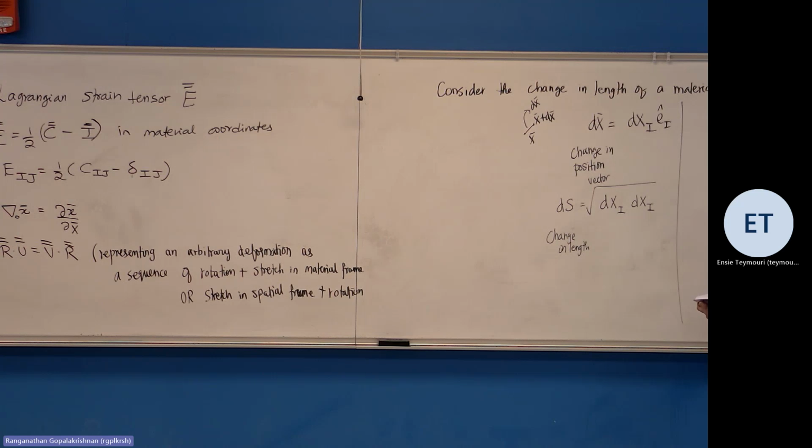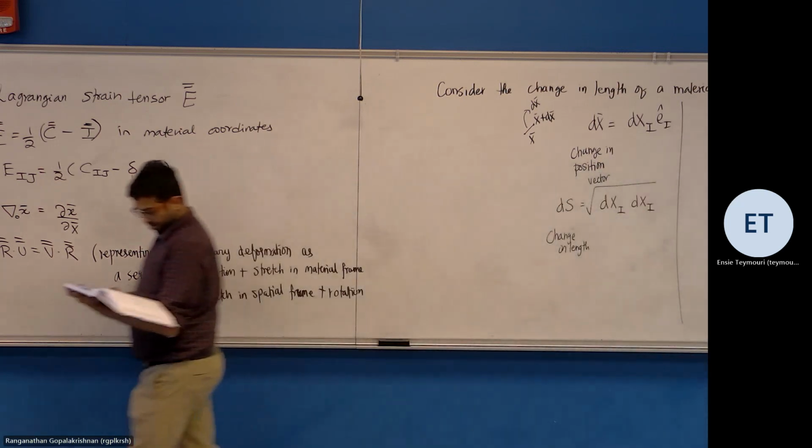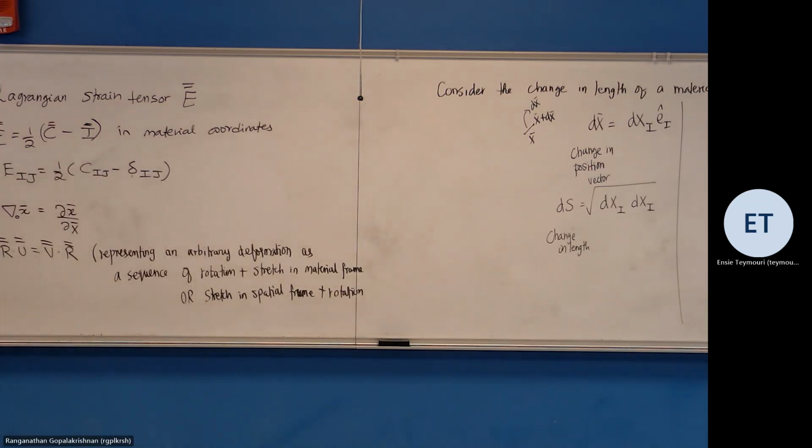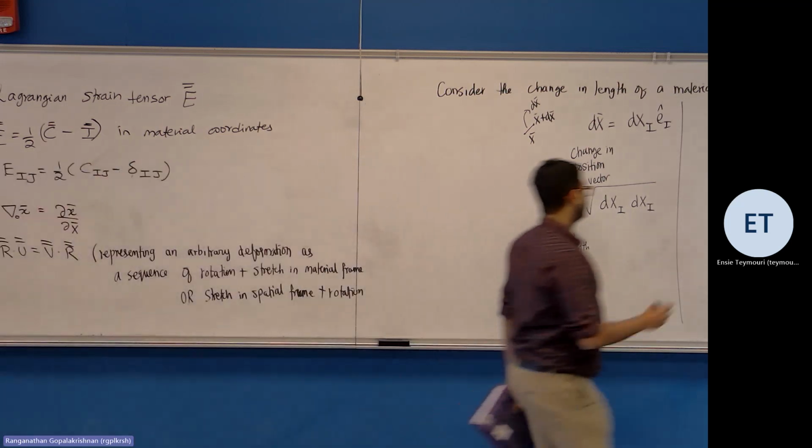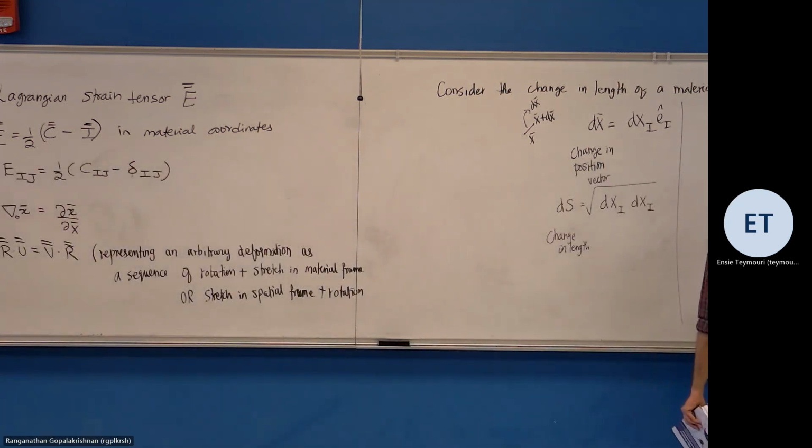So you can write dx is equal to dxi ei cap in the spatial frame, and ds is equal to the square root of dxi dxi. So this is again change in length, but in the spatial frame of reference.